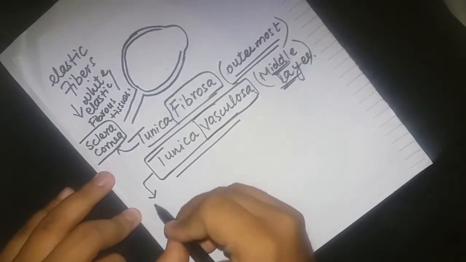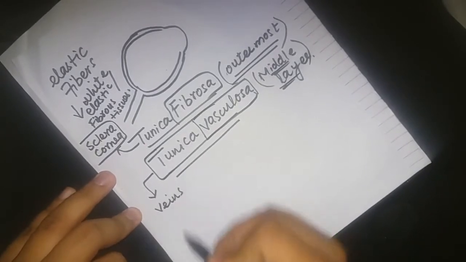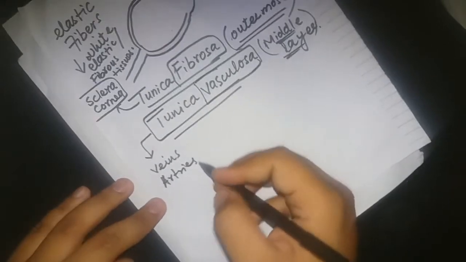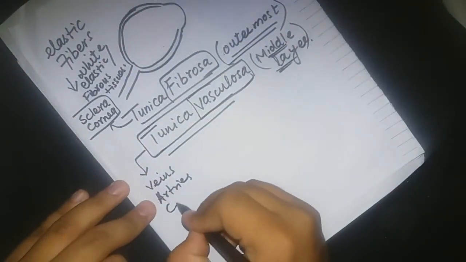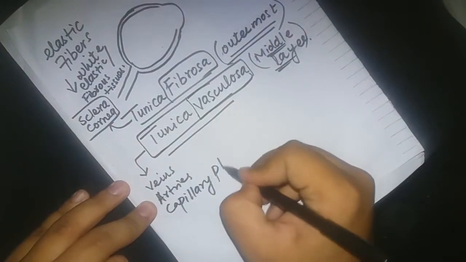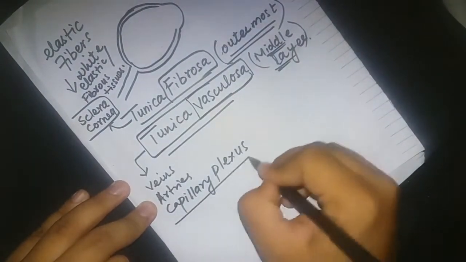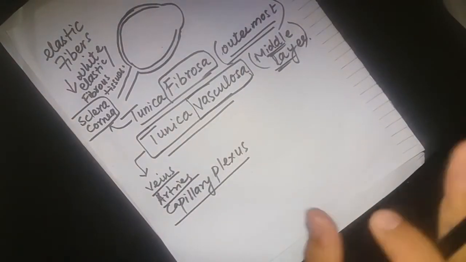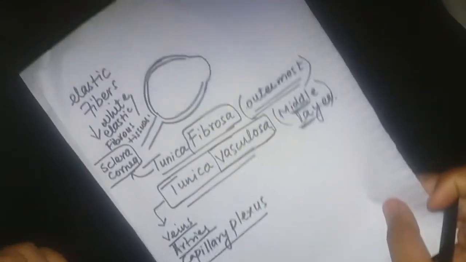It contains veins, arteries, and basically a capillary plexus, which provides the blood supply to the innermost delicate structure, the retina.